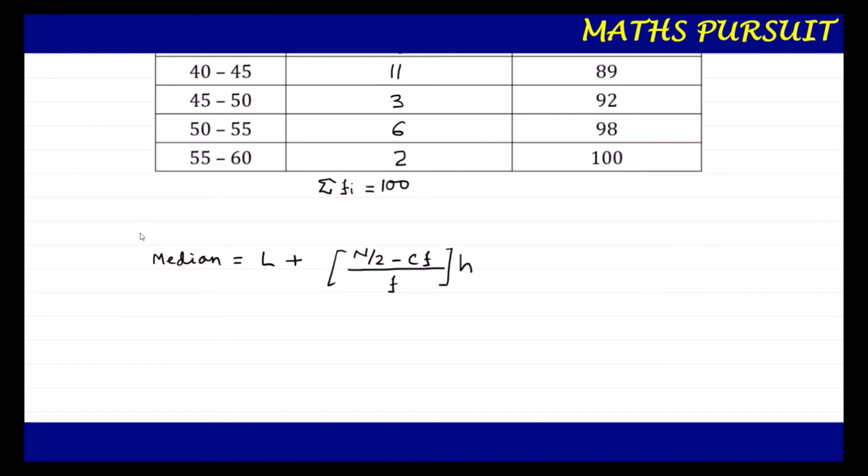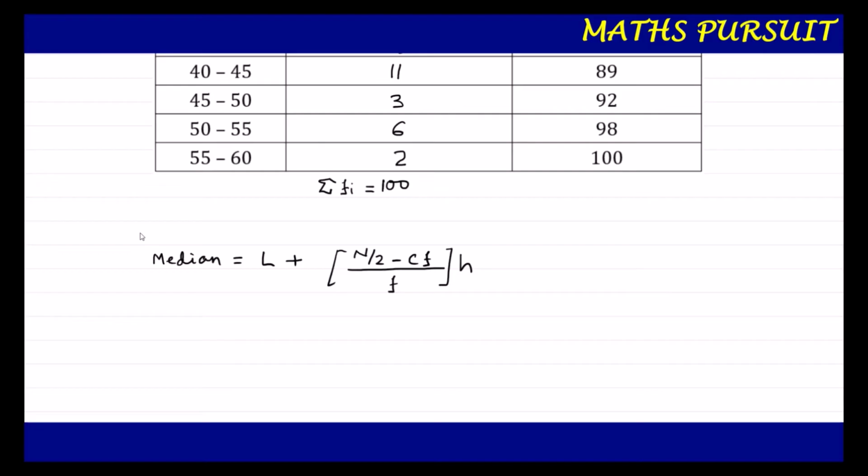So this is the formula for median. I believe by this time we all know the formula of the median. Now, let us start finding out the individual figures, like L, n by 2, CF, F, H, and then we will put the figures in this formula and find our median.